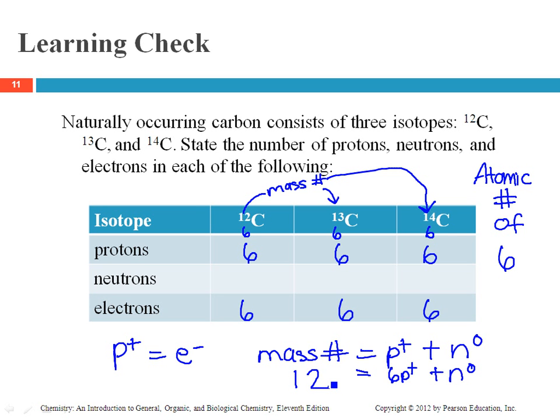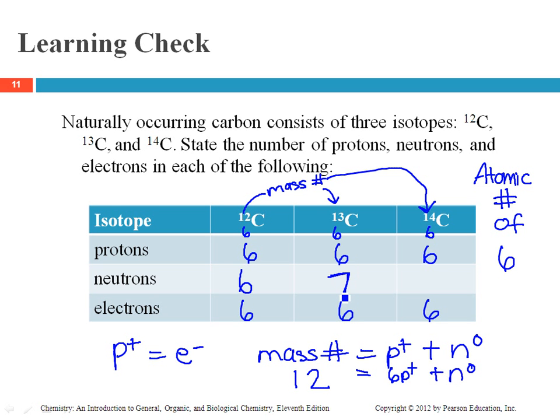So if we do the math, 12 minus 6 would give us 6 neutrons. If you want to stop and complete this yourself and then see what the answers are, you're welcome to do the second and third column. But for C13, we have 13 protons and neutrons with 6 protons, and 13 minus 6 would give us 7.